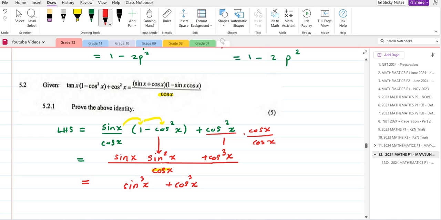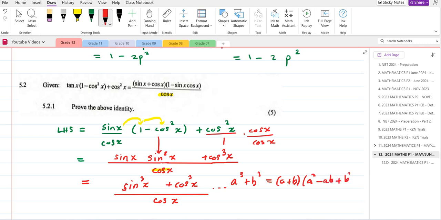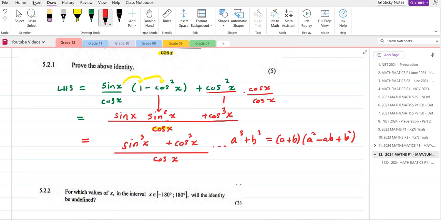Now this is basically factorization for the sum and difference of two cubes. So it's a sum of two cubes. Now you know, just on the side, a cubed plus b cubed is equal to a plus b times a squared, squaring the first term, minus ab plus b squared. So that's how we're going to factorize this.